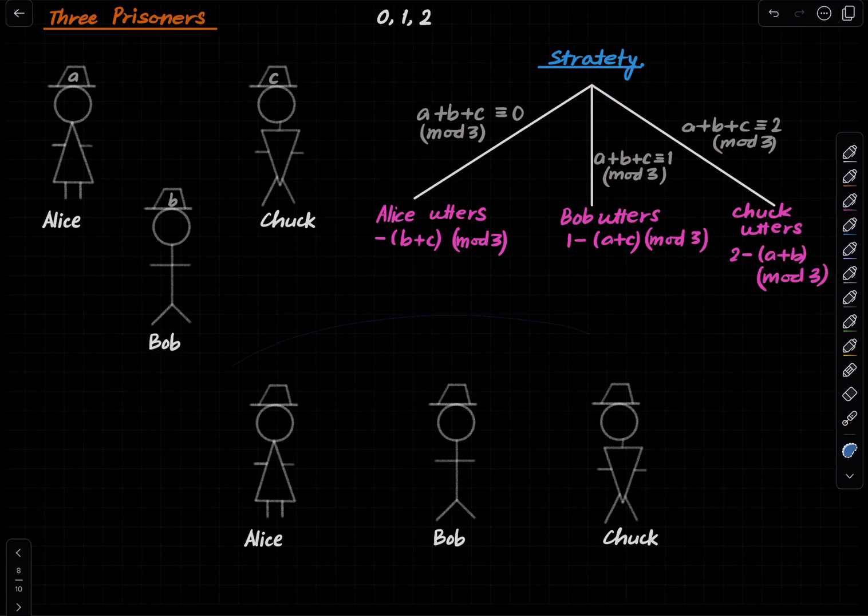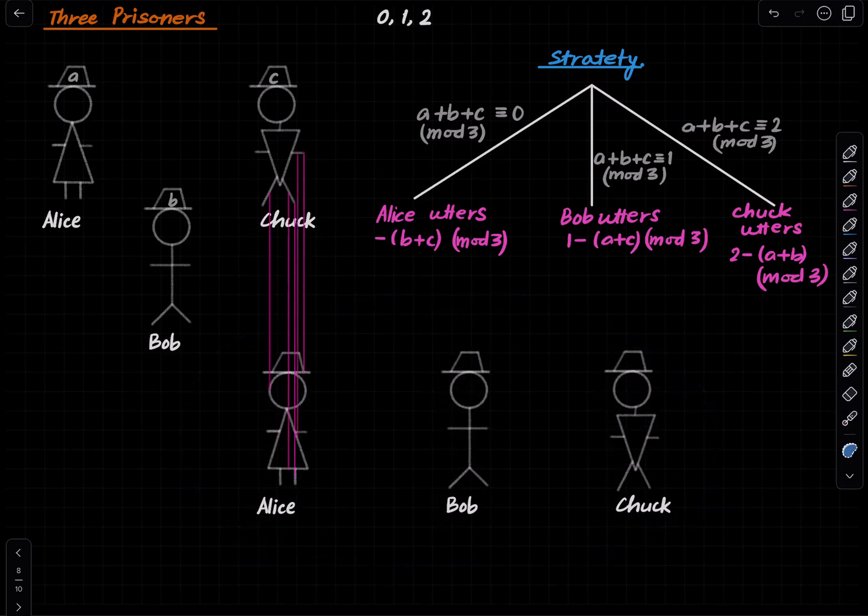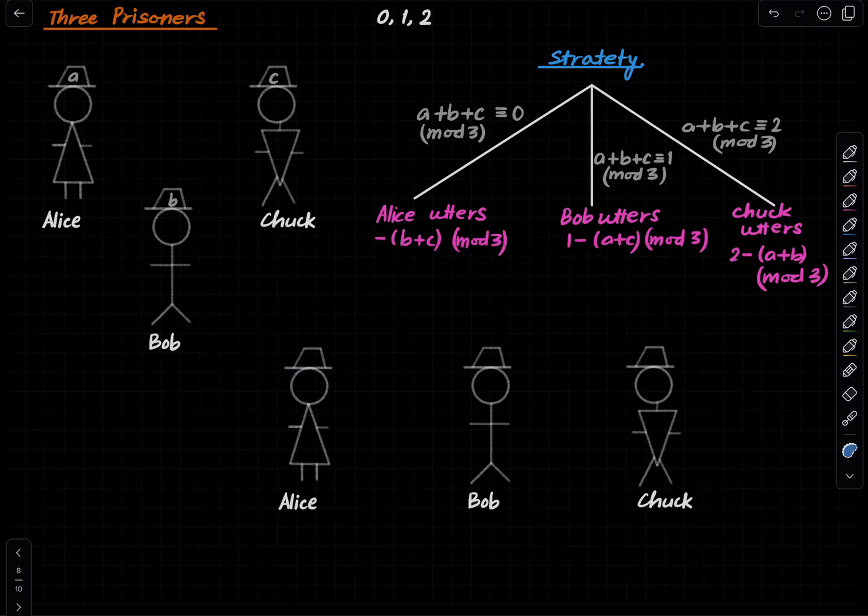Maybe let's just quickly see that in one example. So here, suppose the numbers were whatever, let's say 1, 2, and 2. What is Alice's response? 2 plus 2 is 4. Minus 4 is her response, which is modulo 3 equal to 2. So that is Alice's response. What about Bob?